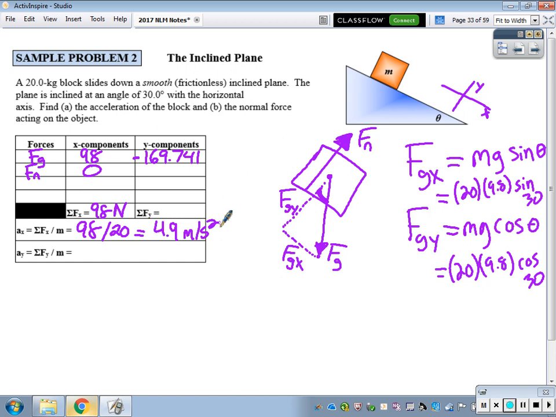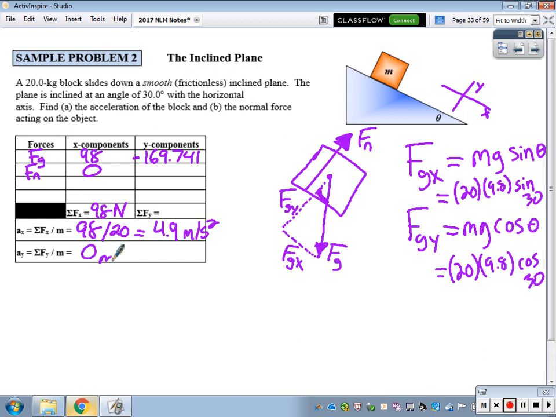Now, this problem is a little easier to do. What is the acceleration of our block along our y-axis? Is it going to accelerate off the incline or through the incline? No. So what's it going to be? I heard one person say it. How about all of us now? 0. Okay?